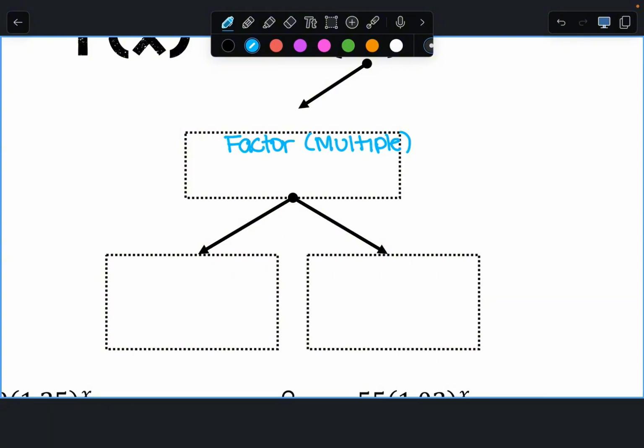Now, to figure out the factor, it's going to be either 1 plus r or 1 minus r. R represents the rate. What is the rate? Rate means speed. It is the speed at which the function increases or decreases.